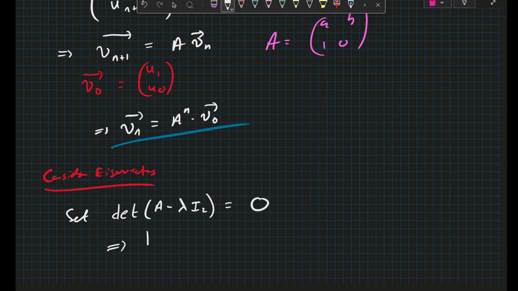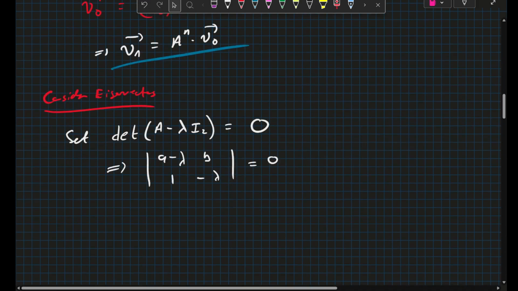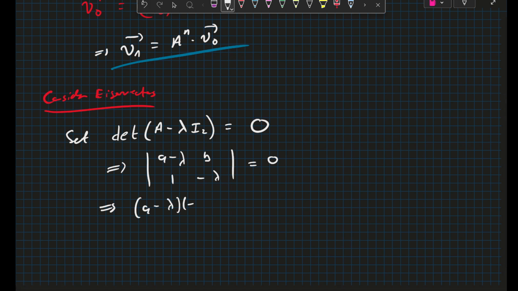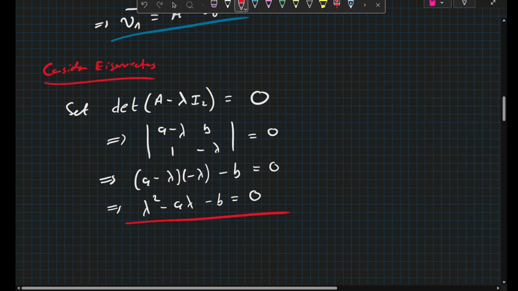So that implies we want the determinant of the matrix (a minus lambda, b; 1, negative lambda) equaling 0. So the determinant is the difference between the products of each of the diagonals. So that's (a minus lambda) times negative lambda, take away b, equals 0, which simplifies to lambda squared, take away a lambda, take away b equals 0. And this is, in fact, just the characteristic.